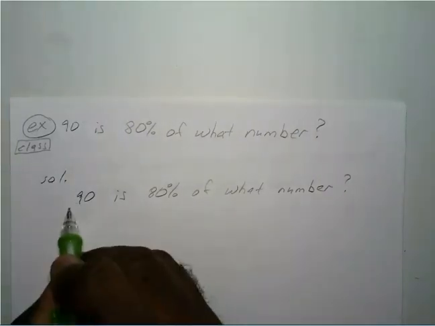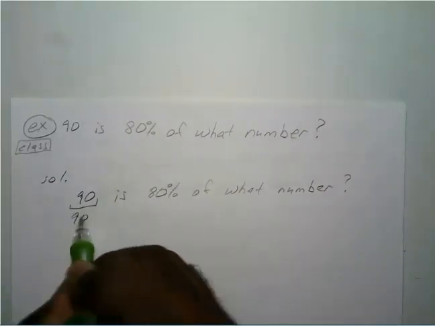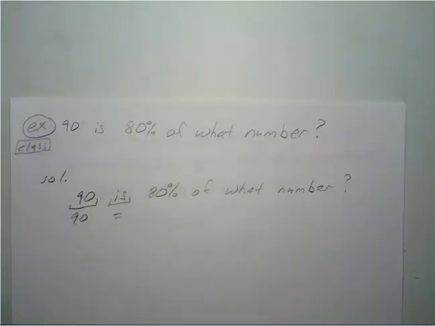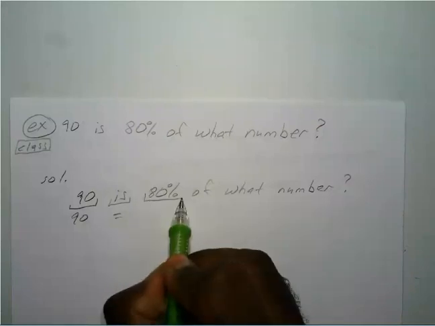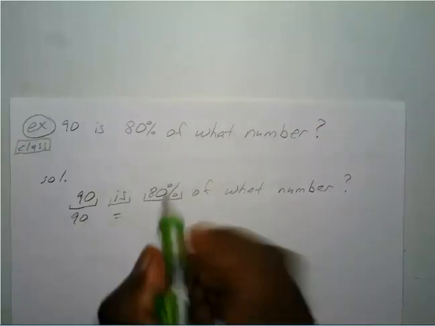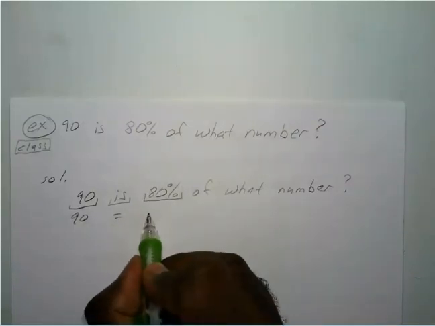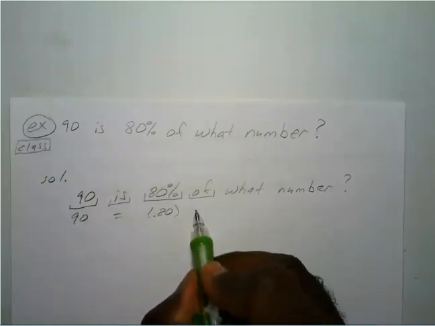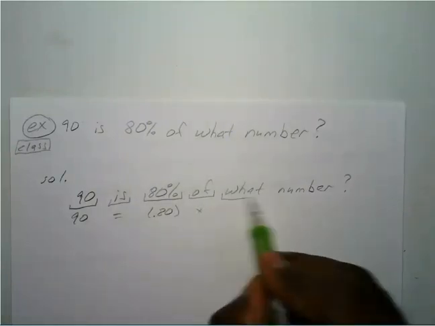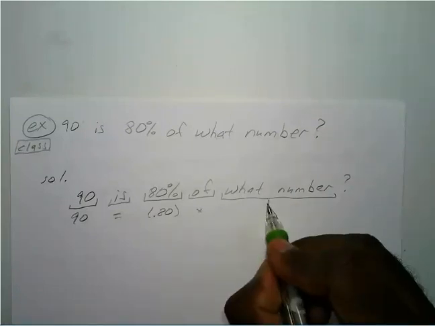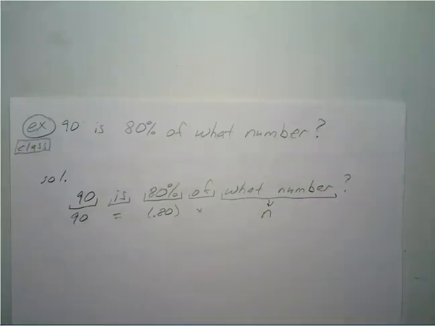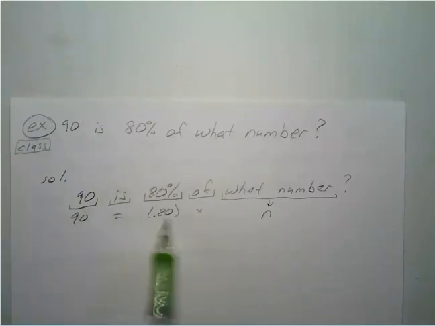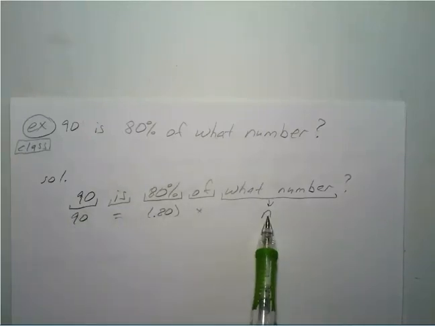Okay, so here, 90 just stays as 90. Nothing really changes there. Remember, is is equivalent to equal to. 80%. Remember, your percent turns to a decimal, so 80% is 0.80. Of means multiplication. And what number is your unknown? We'll make that n. Okay, so 90 equals 80% of n.